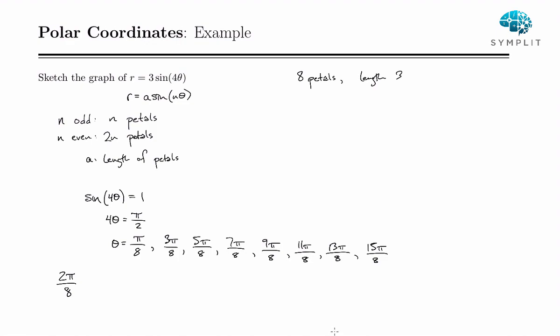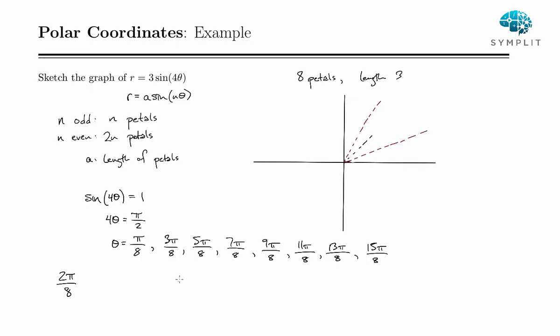So now if we draw our axes, and I'm not the best artist, but I'll try here. So we go to pi over 8. Pi over 4, of course, is there, so pi over 8 is just going to be half that. Let's do this in a different color. So that's going to be the location of one of them. And then we go to 3 pi over 8, so that's going to be right there.